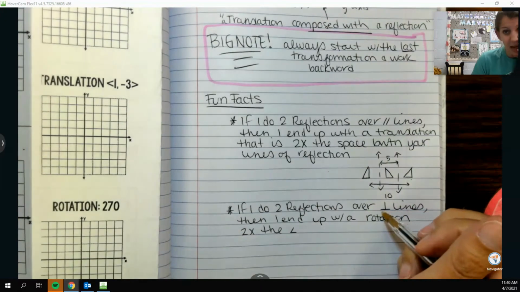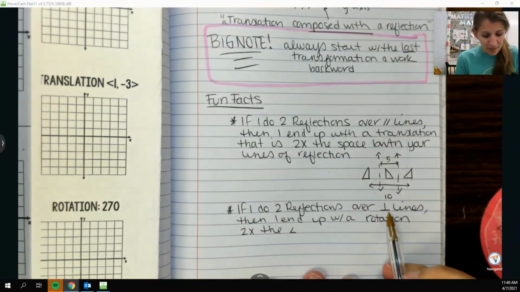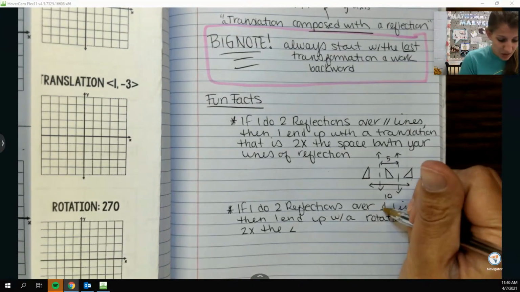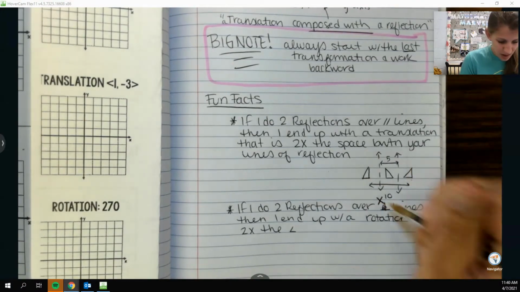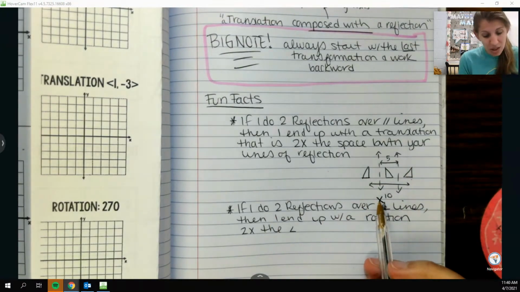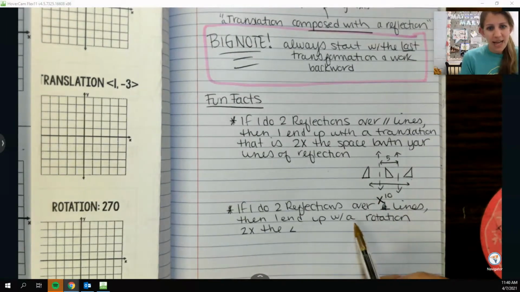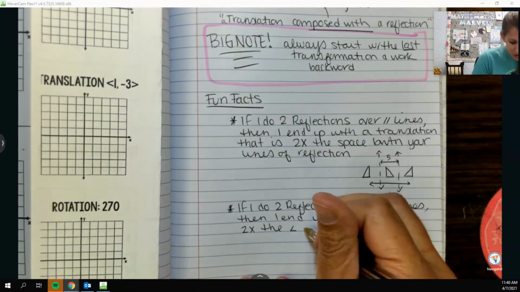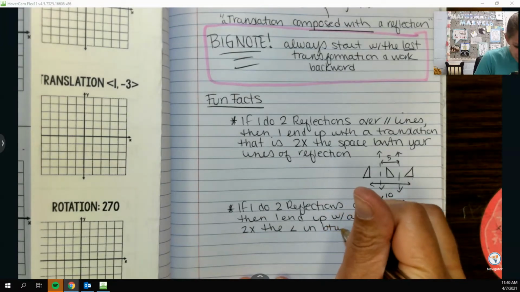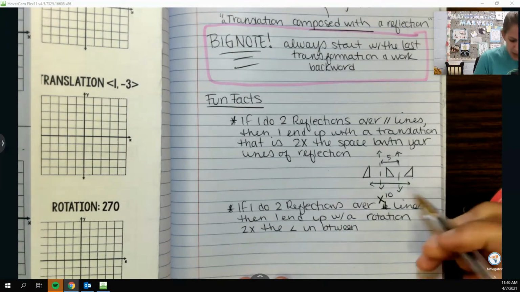I guess I misspoke a little bit. They don't necessarily have to be perpendicular lines, just crossing lines. So if I do 2 reflections over crossing or intersecting lines, then I end up with a rotation that is 2 times the angle in between the crossing lines.